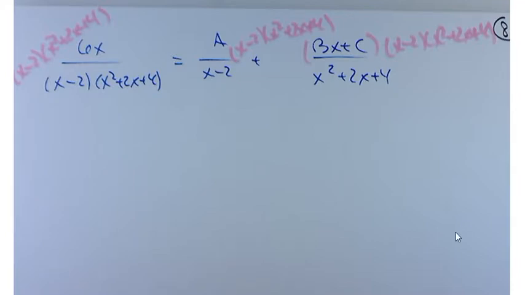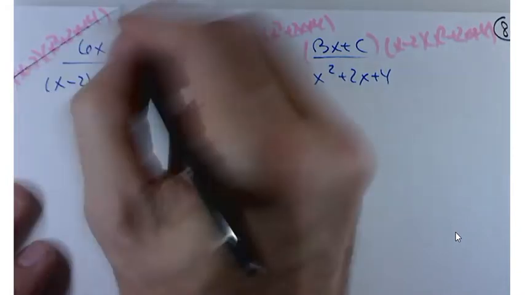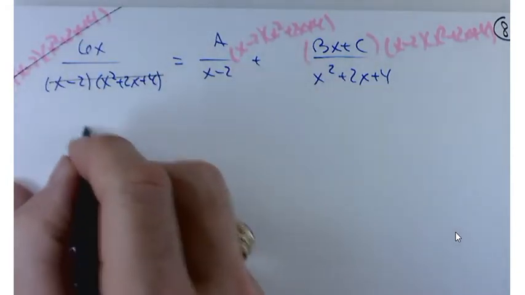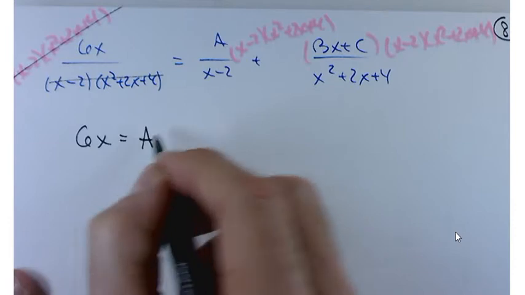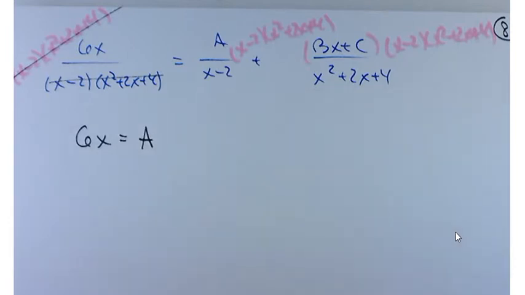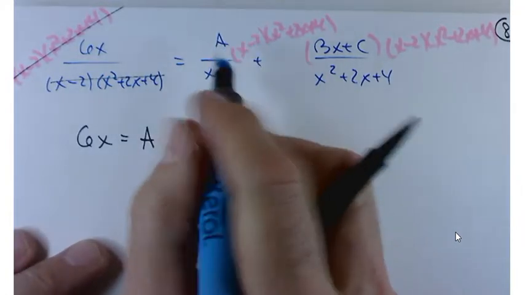Now, very nicely, on the left-hand side, everything cancels. You're just left with 6x. On the right-hand side, again, you're going to get some cancellation. The x minus 2 term is going to cancel from the right-hand side. So let's do that.